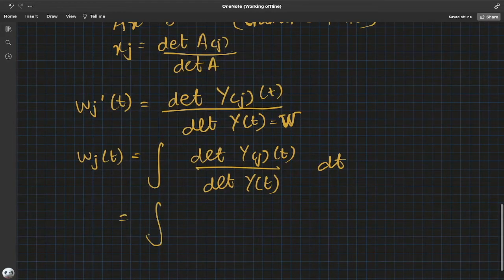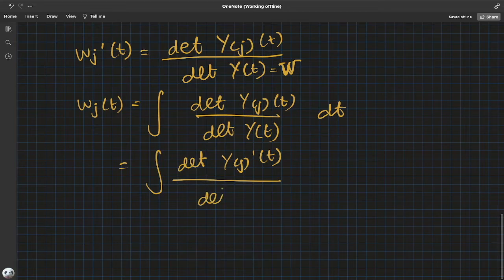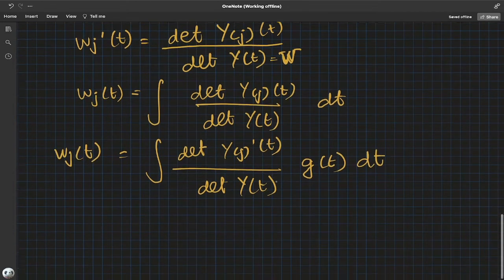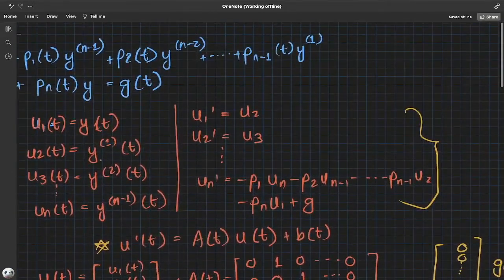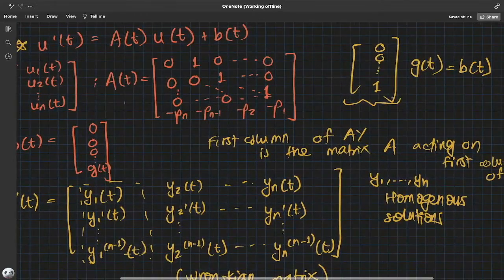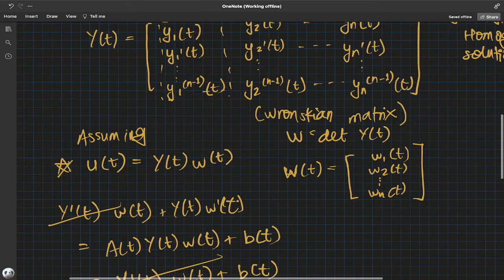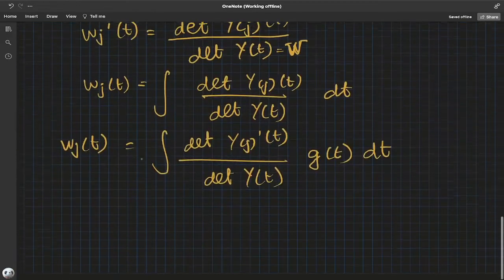So we're going to call that matrix Yj prime of t, divided by determinant of Y of t times, now that I pulled the g of t out, right, as I claimed, that would be your weighting function. You have your weighting function, you have your homogeneous solution as discussed before, so we can get the non-homogeneous solution out of it using this relation, and then we're done.